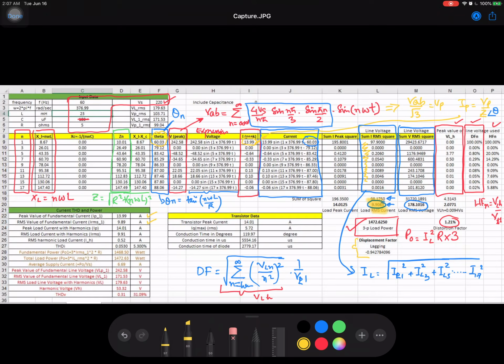Then peak load current with the harmonics, that is calculated in this column, this one, the peak current, that is 14.01.